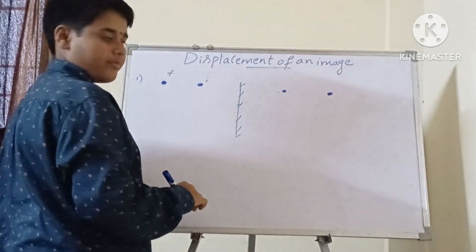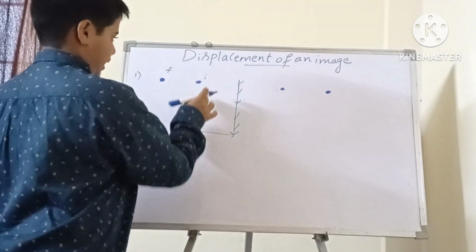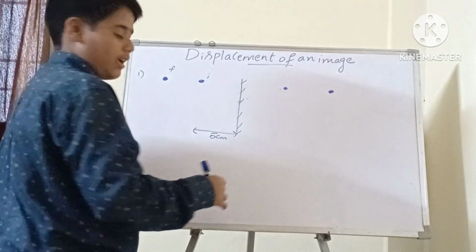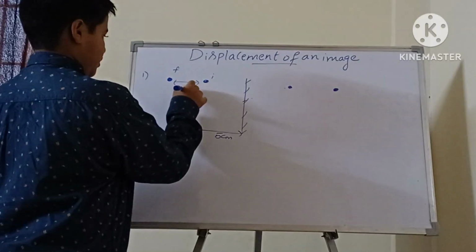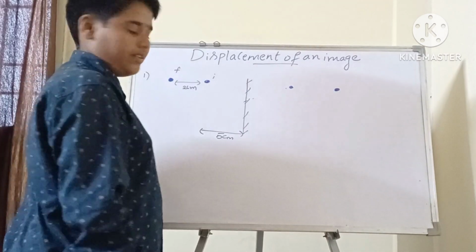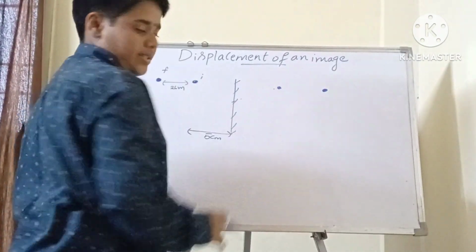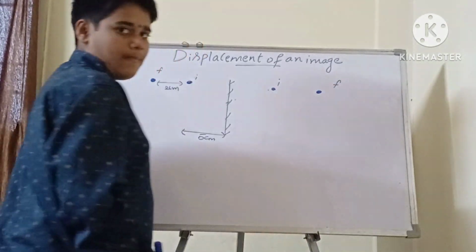And the distance between the plane mirror and this image is 5 centimeters. And here the distance between these two objects is 2 centimeters. The distance is also the same in our images.